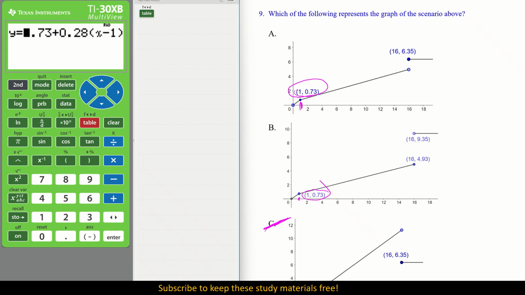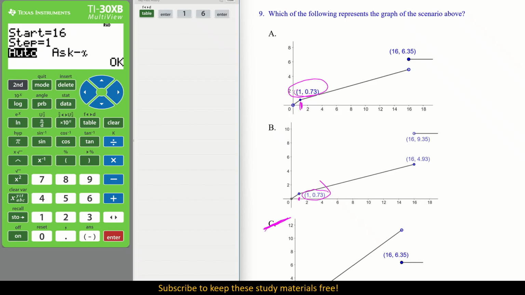Okay, so that being said, let's see what those values really are. So let's push enter. And let's start at 16. And let's go up by values of 1, see what happens, and keep it on auto because we want a list. $4.93. But we cannot look at 17 and 18.